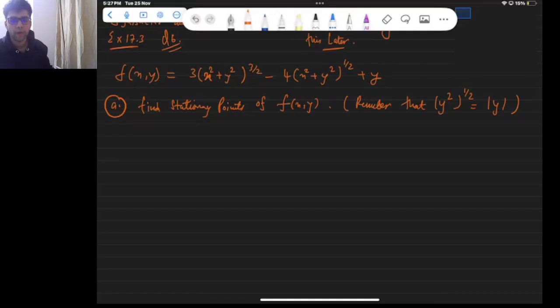Find the stationary points of f, and remember that (y²)^(1/2) is equal to |y|. Now let me explain this statement quickly.